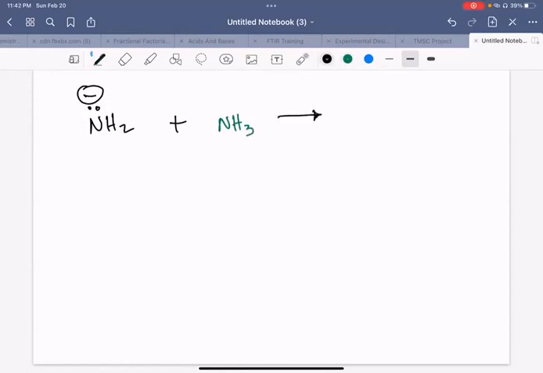And of course, this is the base. And you treat the solvent as the acid. See, the base, of course, it will react.